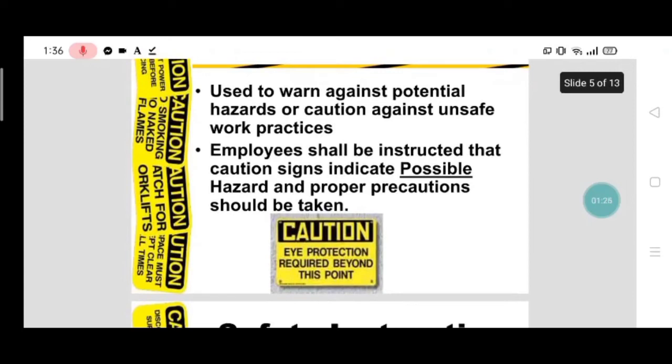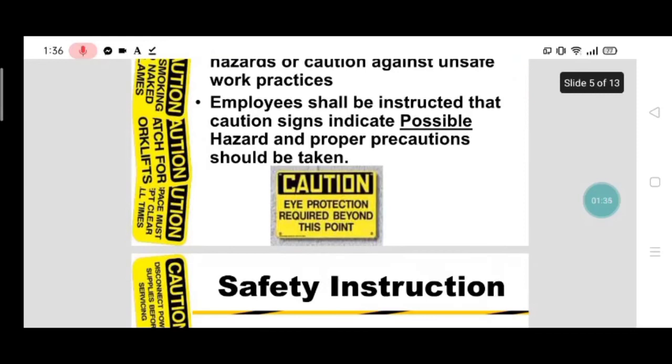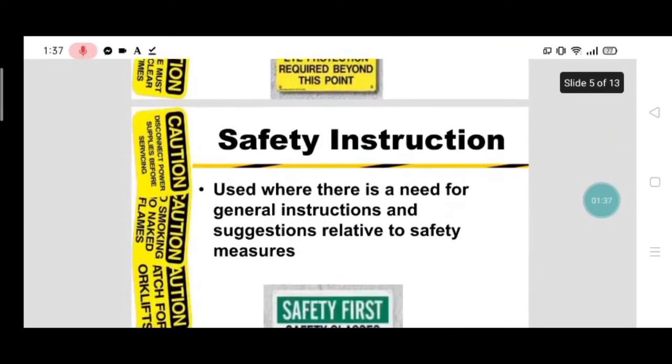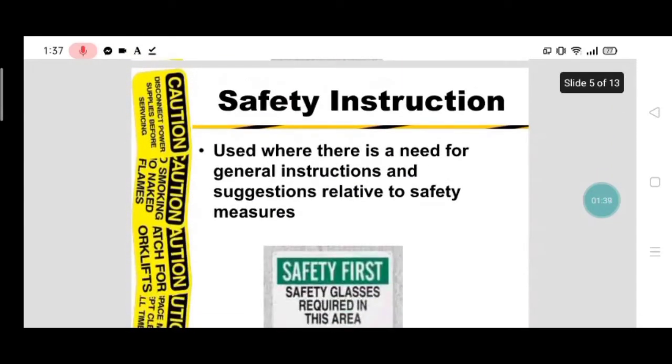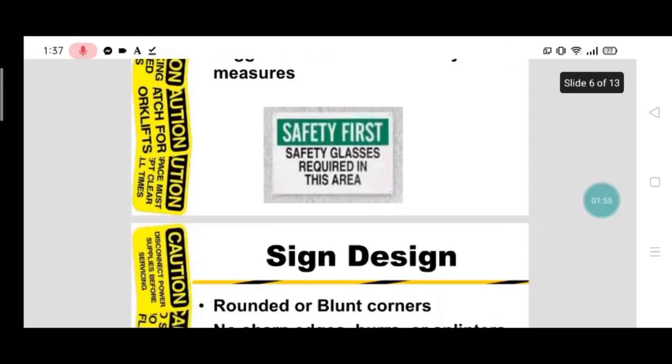And employees shall be instructed that caution signs indicate possible hazard and proper precaution should be taken. So we have the safety instruction, which is used where there is a need for general instruction and suggestion relative to safety measures.